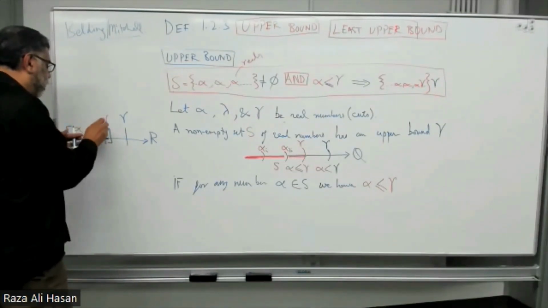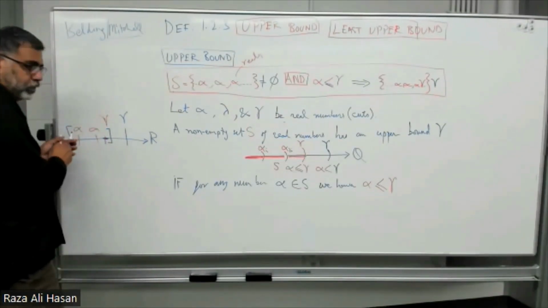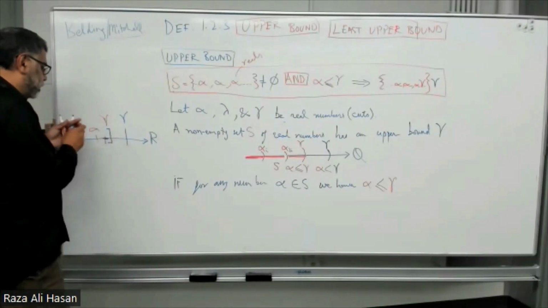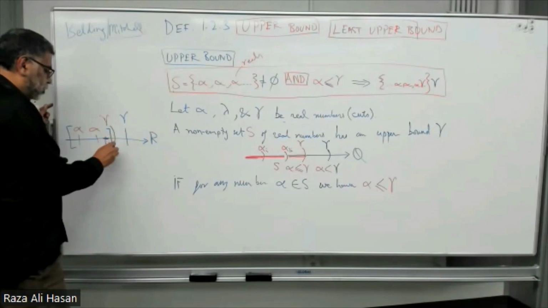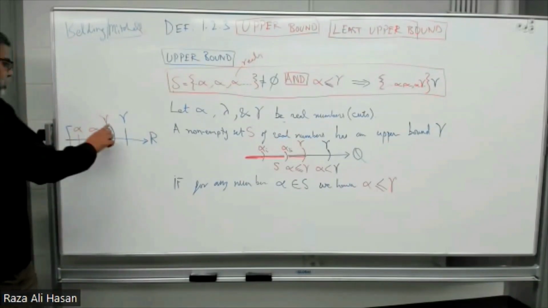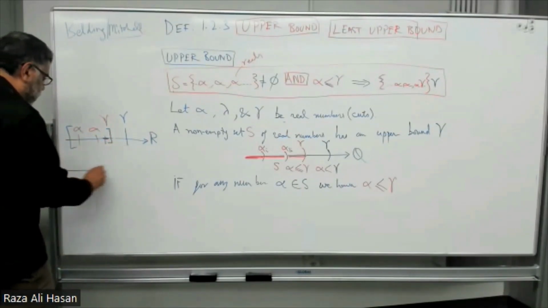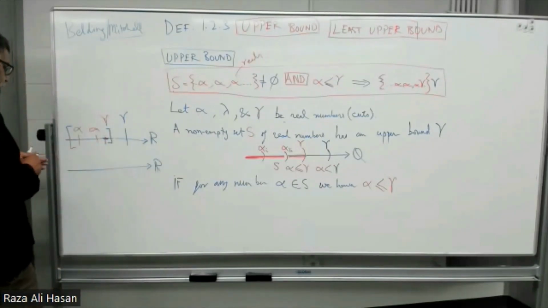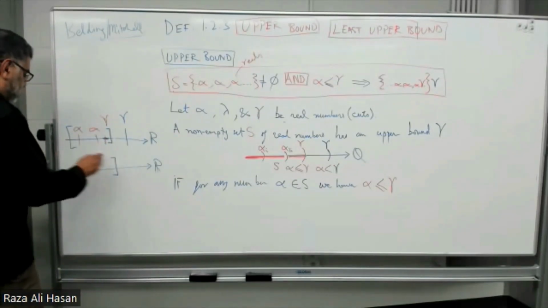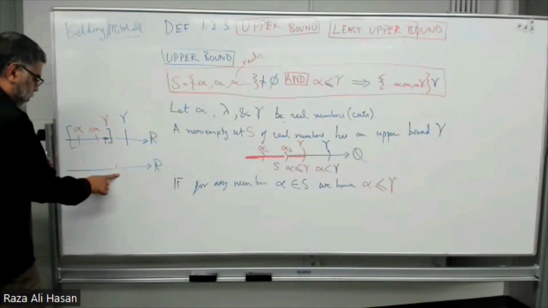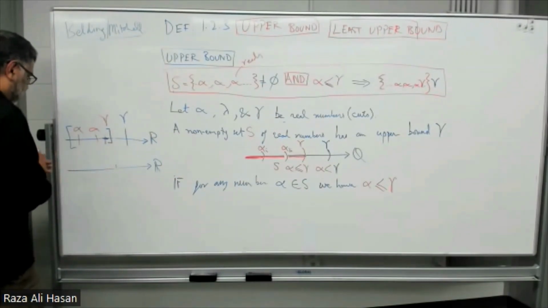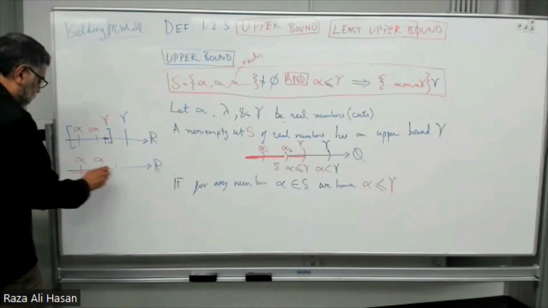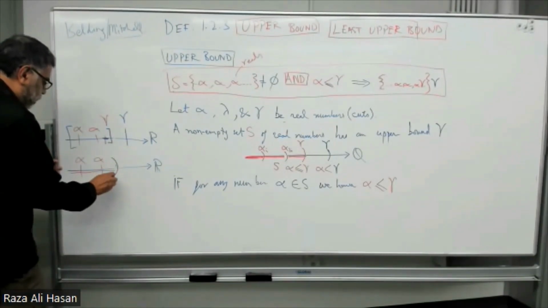And if gamma is not in the set, then it'll look like this. Actually, let me redo this down here. So R, we usually think of as the real number line. Let's say alpha's here, and then this would be gamma.